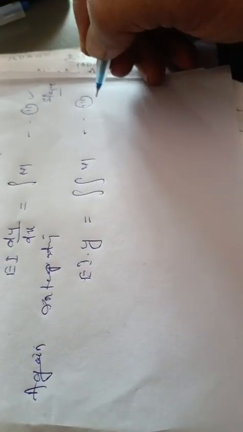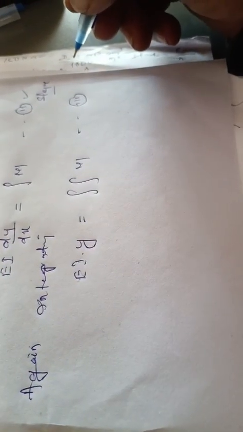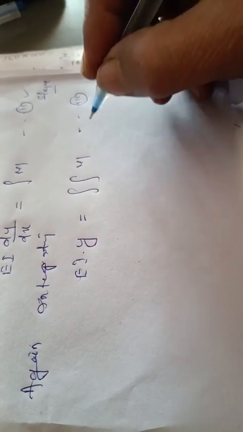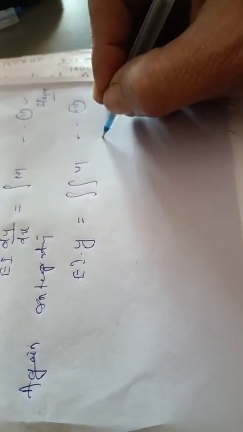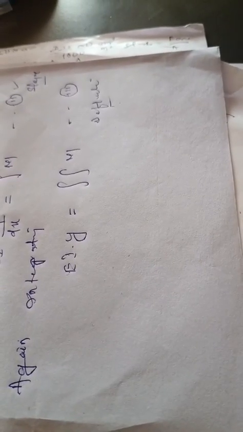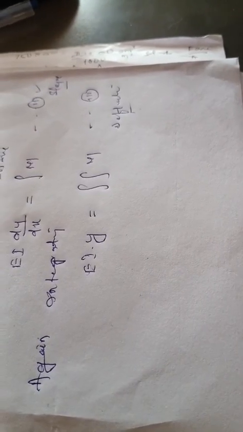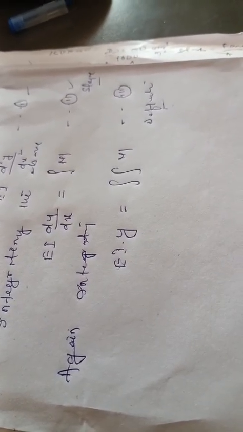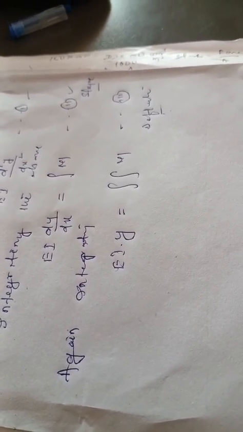On further integrating, we get the value of deflection at any point. So this is the first method, the double integration method for slope and deflection. Next class we will discuss the Macaulay method.